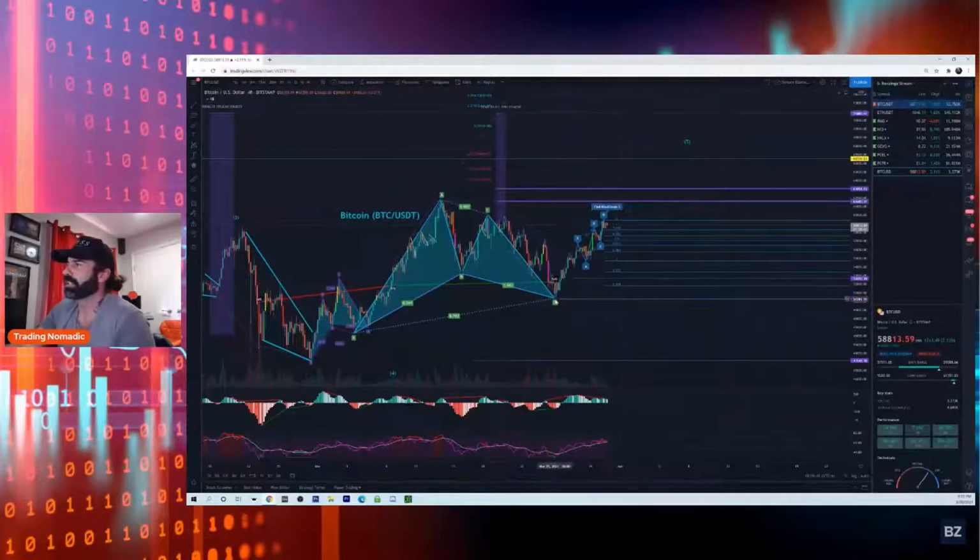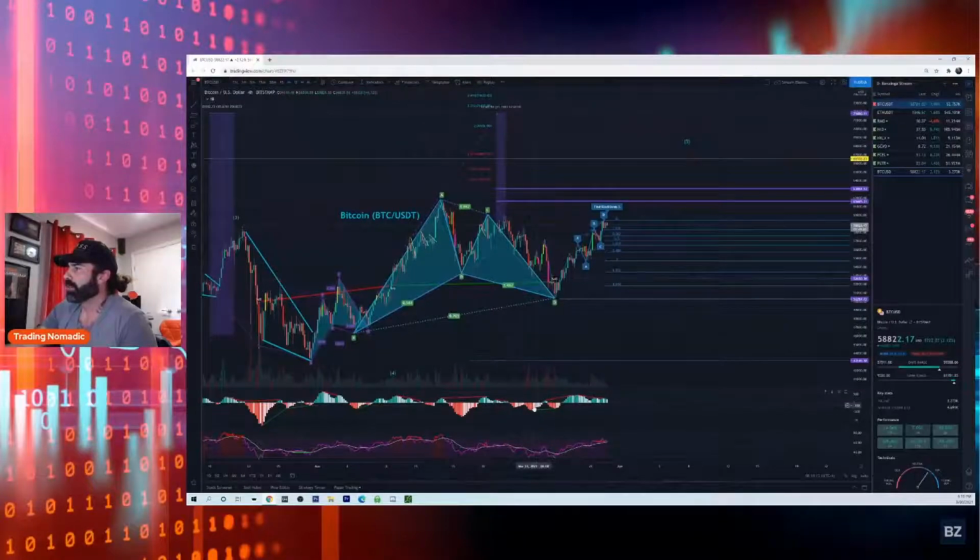You want to make sure that this is valid. One of the ways we discussed last week is using the MACD or the RSI to identify not only the end of the formation, but a bullish divergence in the trend, which means basically from this C point, we're coming down with the price action.